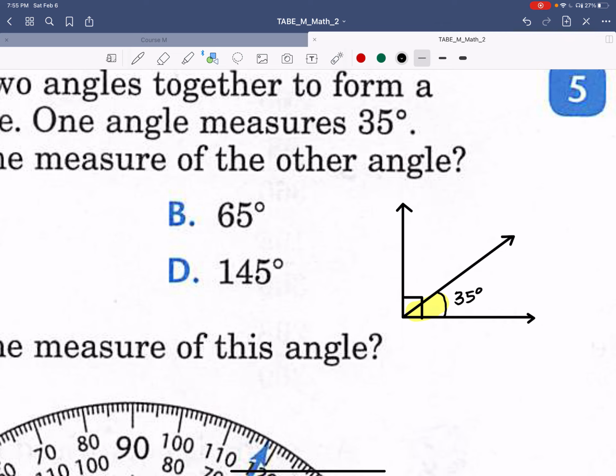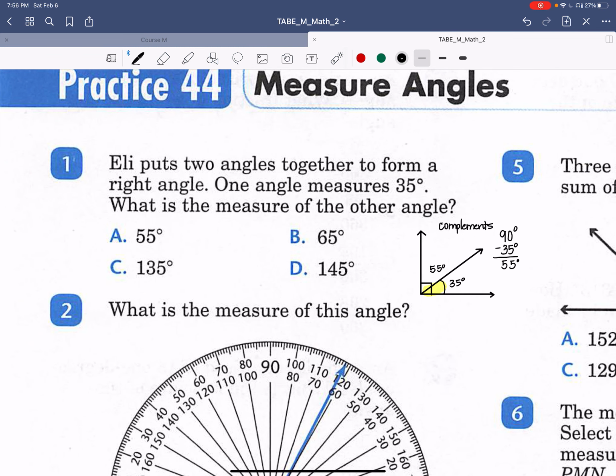So to find that, you will say 90 degrees minus 35 degrees, and that will give you 55 degrees, which is the complement of 35. And again, these are called complementary. So the answer I'm looking for is A, 55 degrees.